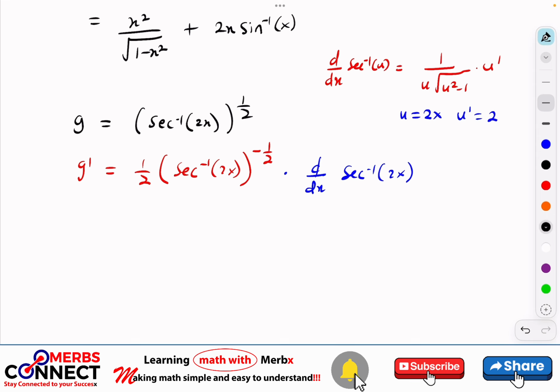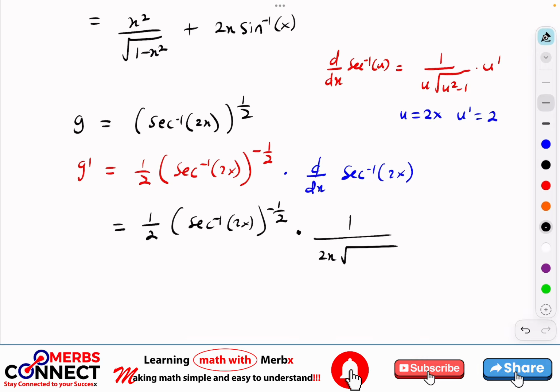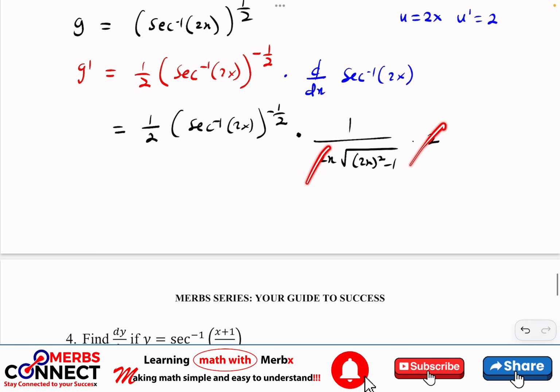So when we simplify this, it is the same as 1 over 2 secant inverse 2x to the power minus 1 over 2 times 1 divided by u, which is 2x, then square root of u squared minus 1 times u prime, which is 2. So this 2 here can cancel this 2 here.